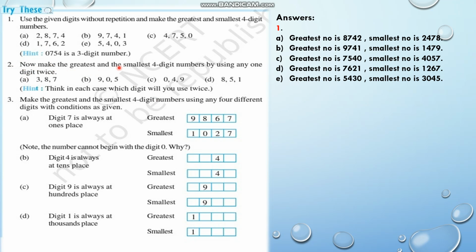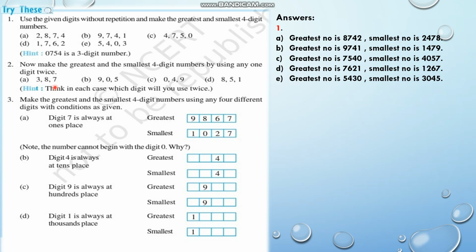Now make the greatest and the smallest 4-digit numbers by using any one digit twice. Here we have to make a 4-digit number and only 3 digits are given. So you can use any one digit twice, that means 2 times. Okay. So look at the first one, 387.